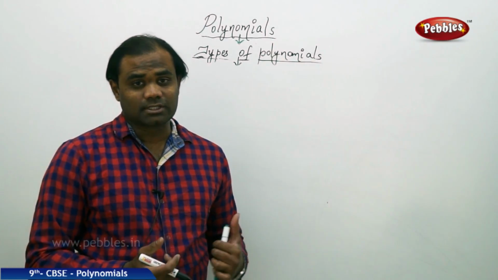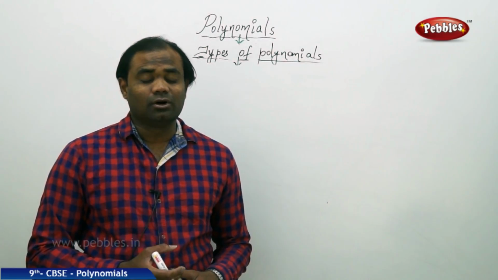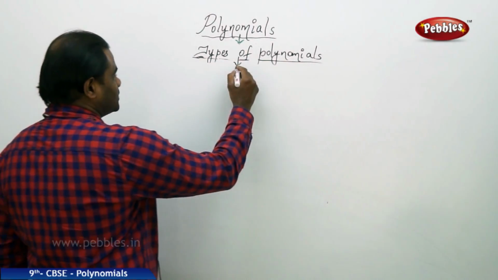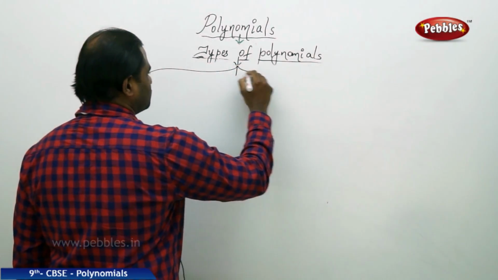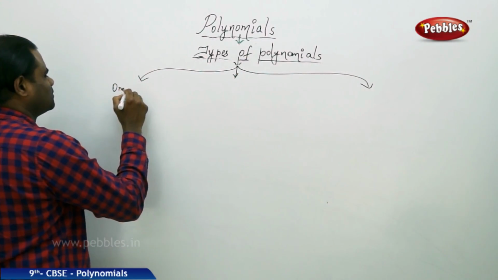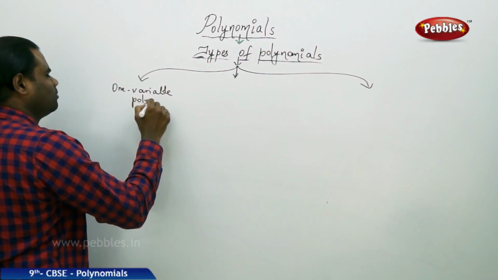That is, we're going to discuss 1 variable polynomial, 2 variable polynomial, or a 3 variable polynomial. In order to discuss that, let's classify the types of polynomials into 3 types. The first one is 1 variable polynomial.